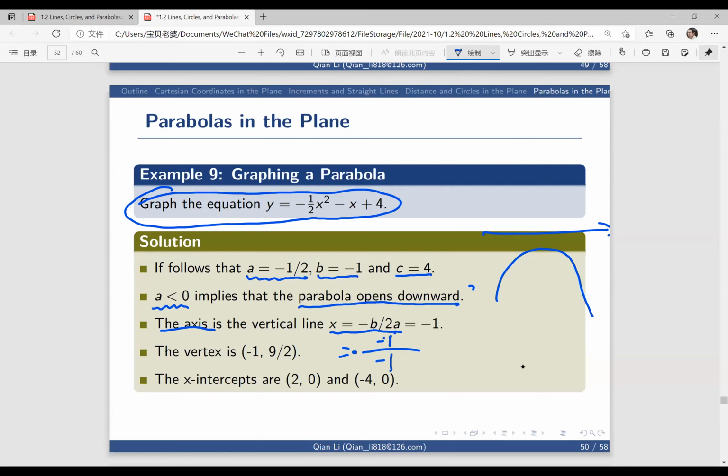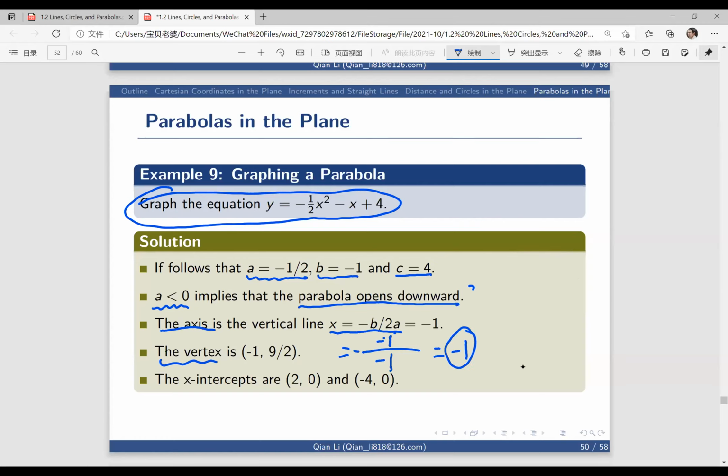So we can get the axis for this parabola is x is equal to -1. Okay, this is the axis of this parabola. Then we can get the vertex for this parabola. The vertex means the x coordinate is -1, right?